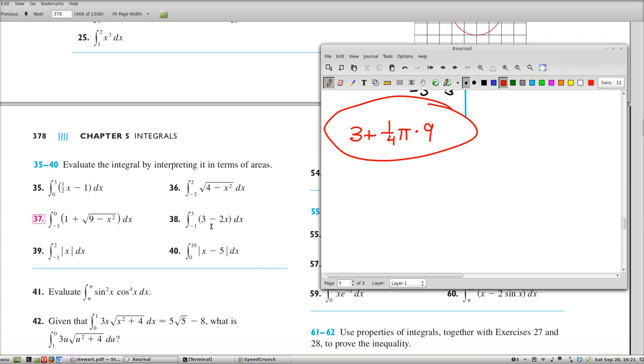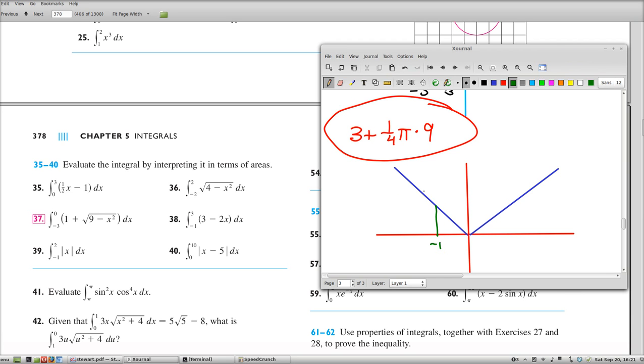For these questions involving the absolute value of x, the absolute value of x looks like this big V. And you can figure out these answers by using triangles. For number 39, it's really clear. Here's -1, and you get this triangle.